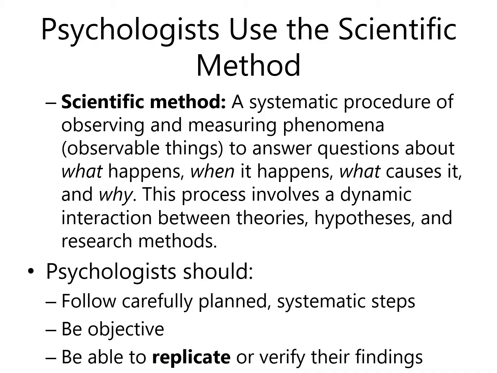And we want to create scientific methods in our research so that people can replicate or reproduce our studies to see if they can get the same findings that we got, or maybe they'll get different findings if they change different variables. So that's why it's very, very important that we have that systematic procedure, the organized way of how we conduct research.